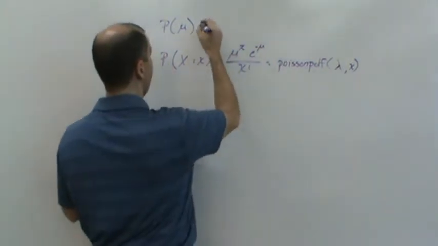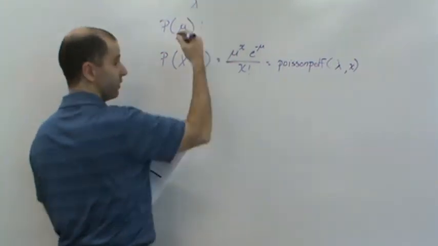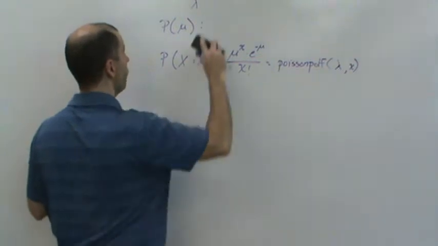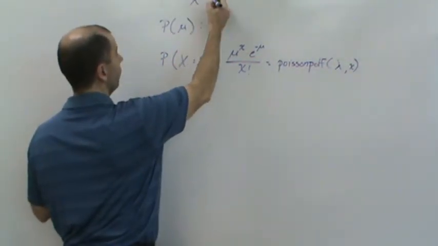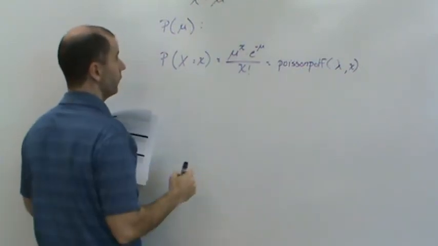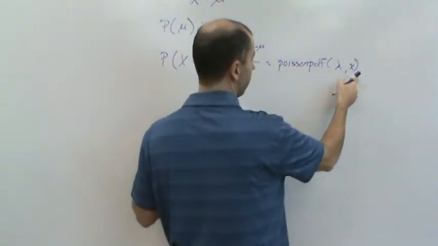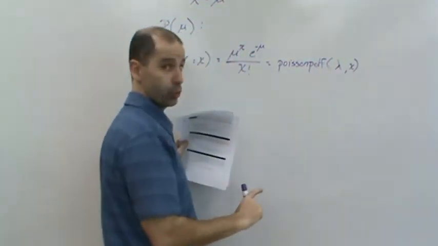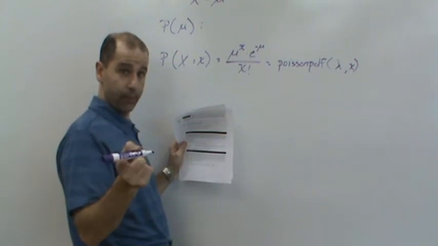So remember, lambda, that's the Greek letter lambda, sort of like an upside down y, okay? Is the same as mu. Okay, so the average. So you're going to have to put in the rate, the average rate, based on the time interval.